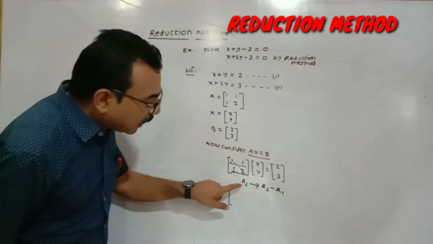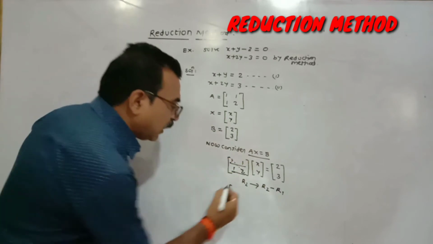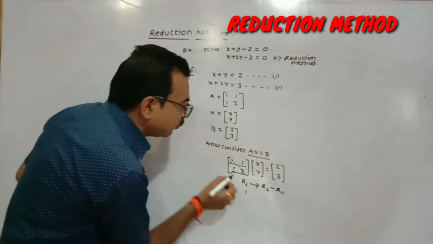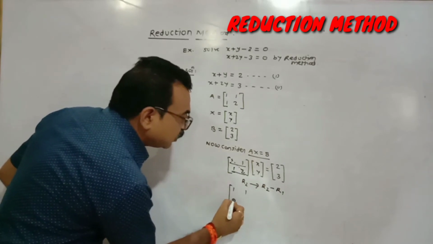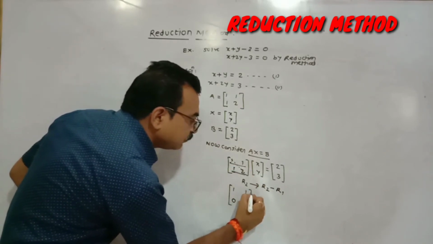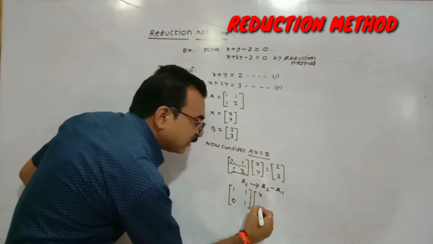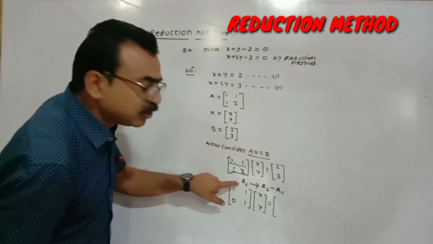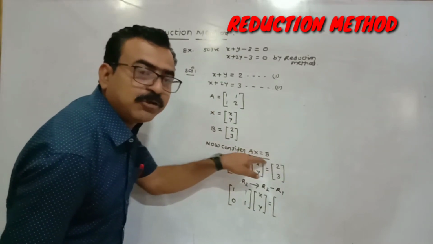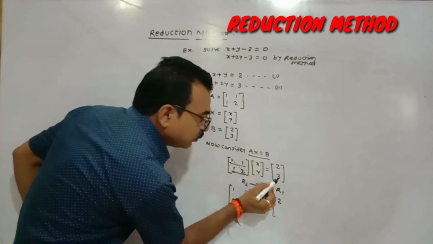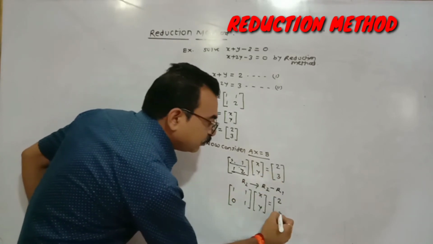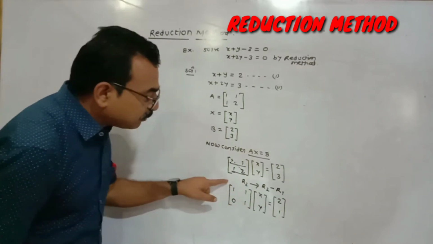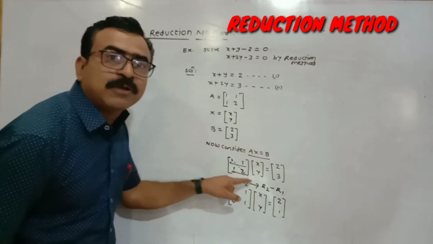So friend, here row 2 changes, so write down the element of row 1 as it is. Now perform this operation, that is row 2 minus row 1. 1 minus 1, 0. 2 minus 1, 1. This matrix is as it is. Here also row 2 changes, because of that write down the element of row 1 as it is. Row 2 minus row 1, 3 minus 2 means 1. So because of this, what happened? Now this matrix A is converted into upper triangular form.